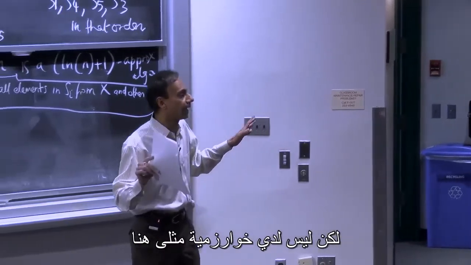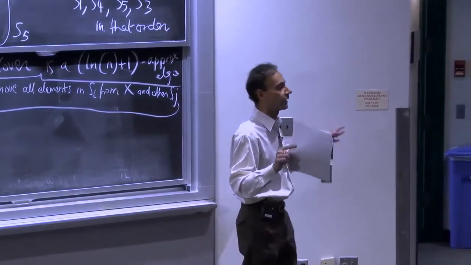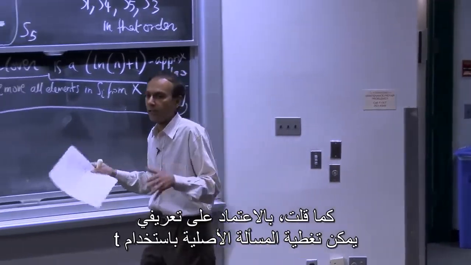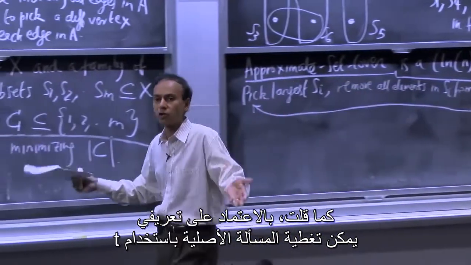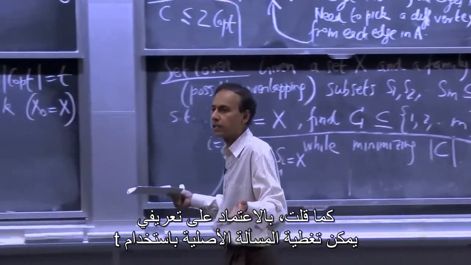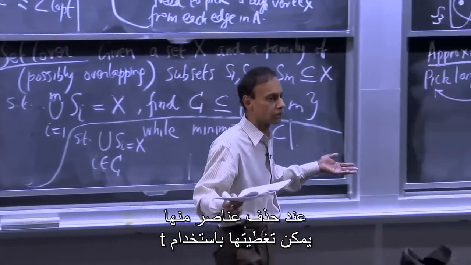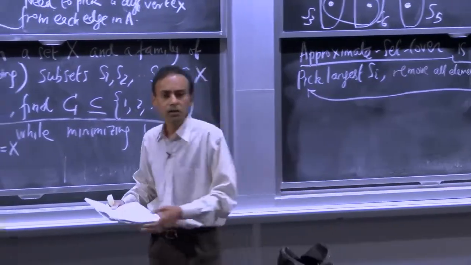But I don't have an optimum algorithm here. I just have my heuristic algorithm, and I'm just making a fairly vacuous statement, as I said, based on my definition, that the original problem can be covered using T, and therefore a smaller problem, where I removed elements from it, could also be covered using T. Okay? So far, so good?